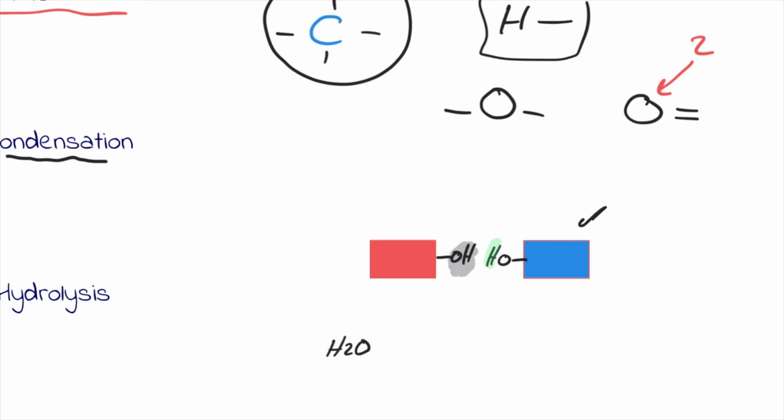So again, just briefly, let me do this again. OH, you take away water, so OH and H. This could be either way, like you could take the OH from the blue and the H from the red, or the other way around.